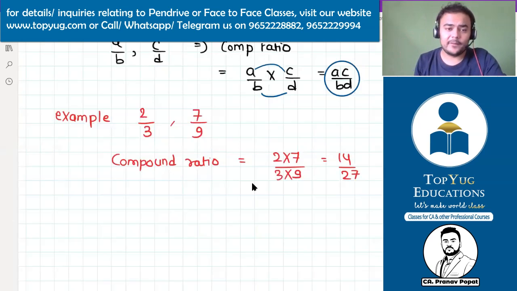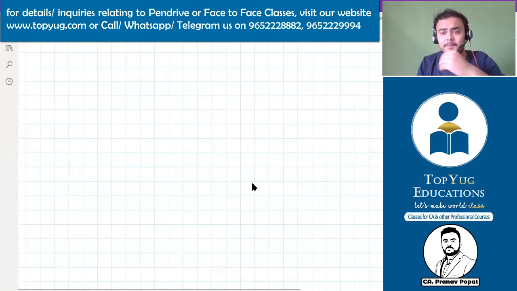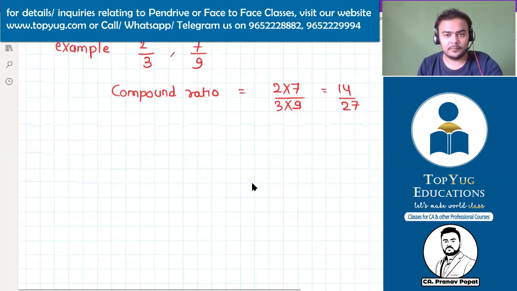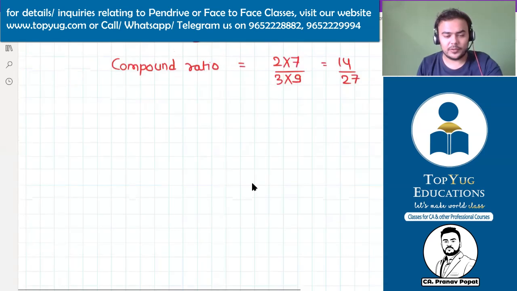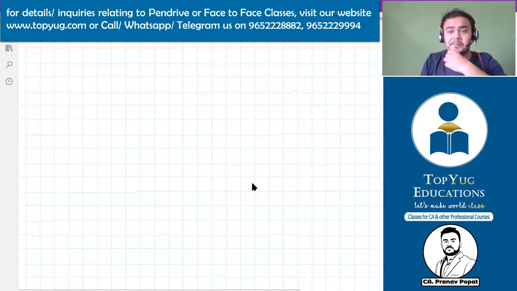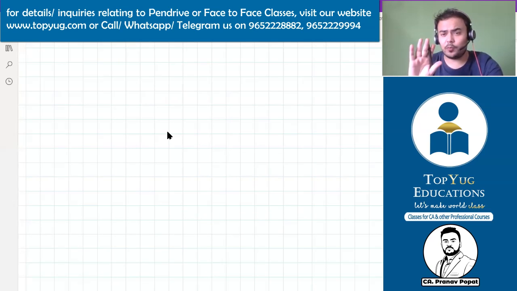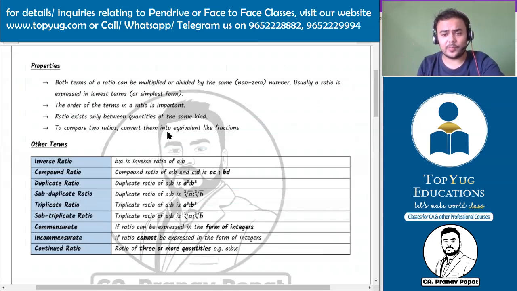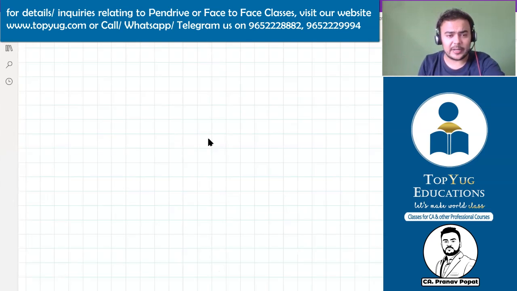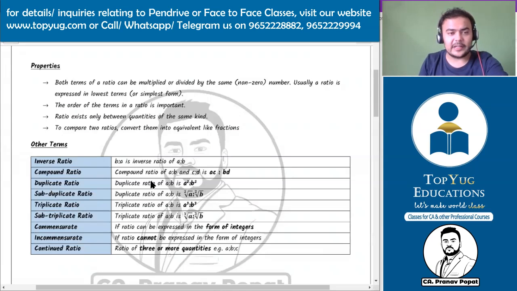Okay, great. Perfect. Now, other term. No problem in compounding ratio? It's just multiplication. Duplicate ratio.